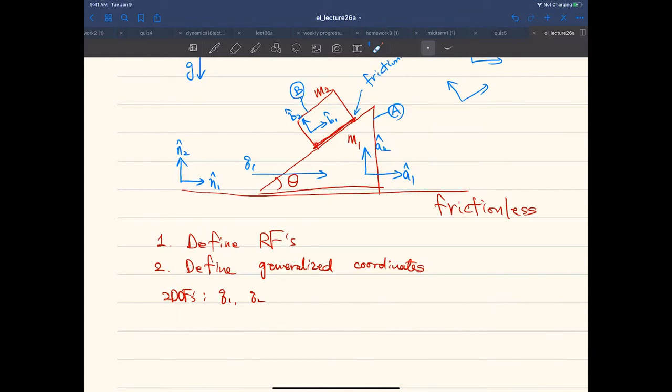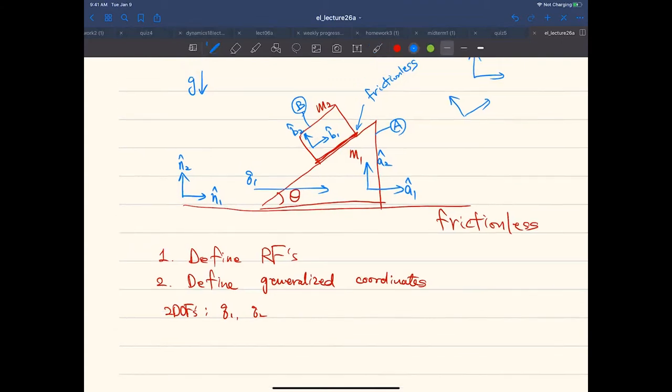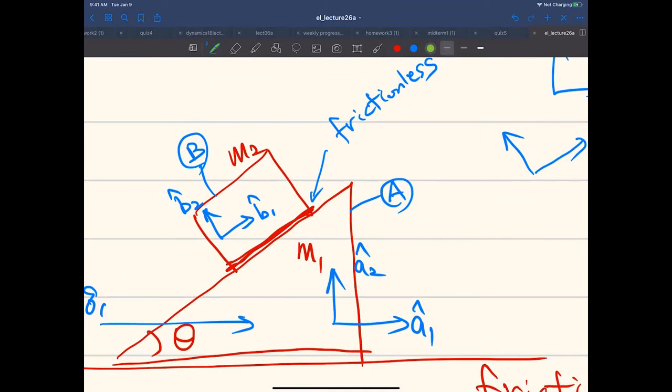It is the motion of B, and you just assume that your reference frame A is fixed. Then your Q2 is describing the relative movement of reference frame B. Let me change the color here because I have too many blues.